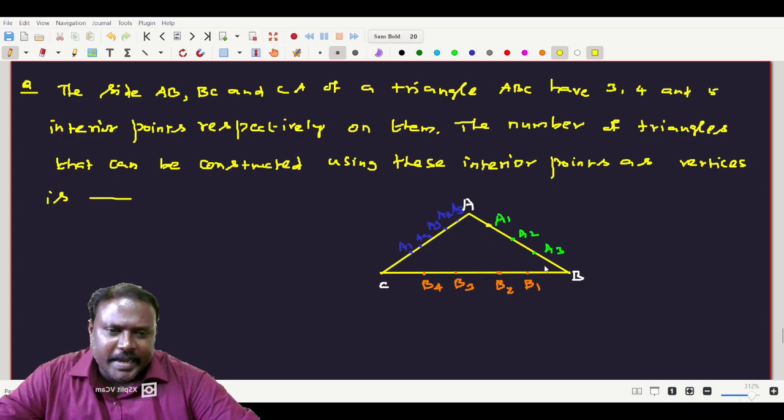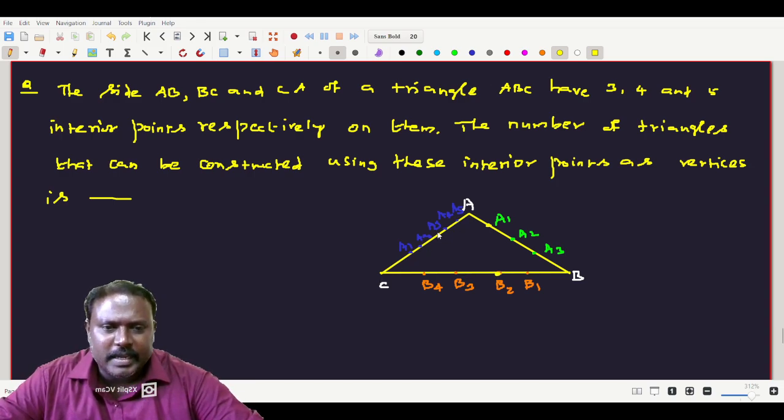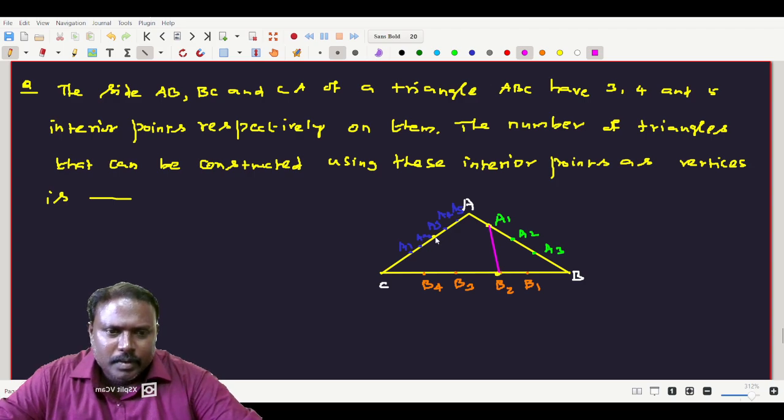Along the side BC, I can choose any one vertex like B2. Along the side AC, I can choose any one vertex like A3 or A2. So I can create one triangle like this, right? So let us create the triangle.